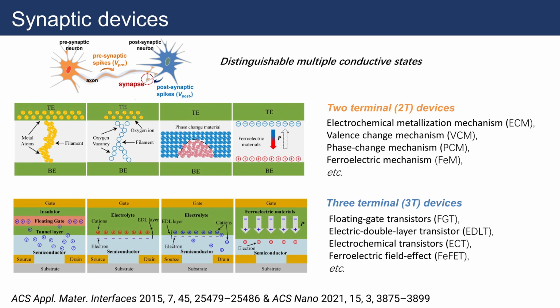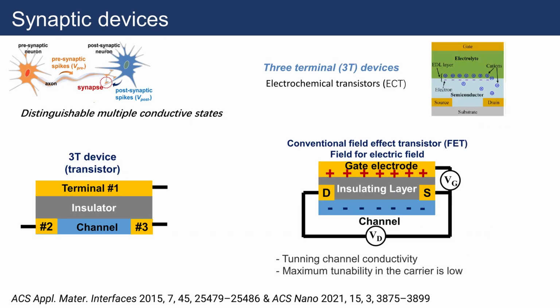If you look at slide 22, it representatively presents four different mechanisms: the floating gate transistor, electric double layer transistor, electrochemical transistor, and the ferroelectric field-effect transistor. The three-terminal devices have their own advantages, which is that the control and the signal passing through the channels are separate. So we have more degrees of freedom.